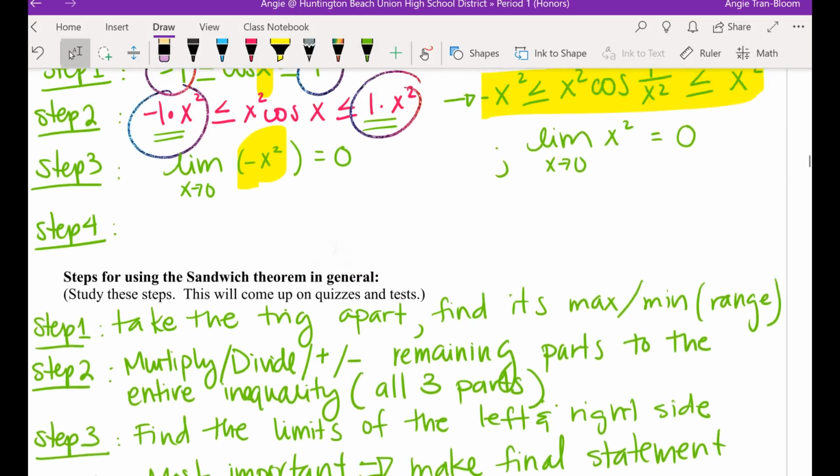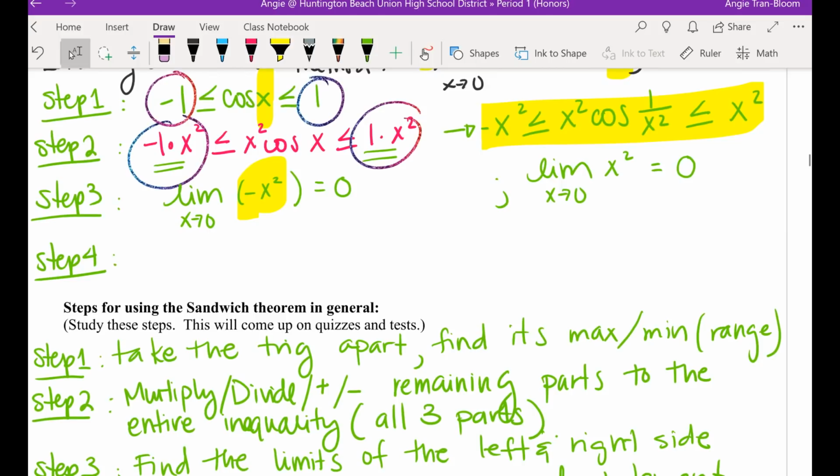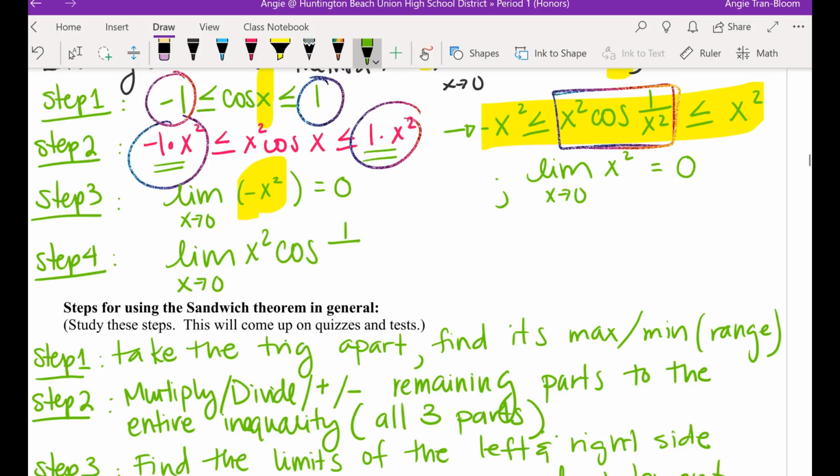Based on your sandwich theorem, if the right side has a limit of 0, the left side has a limit of 0, then obviously the middle function, which is this guy, should have the same limit. So the limit as x approaches 0 of x squared times cosine of 1 over x squared must also be 0. This is the most important step because this tells me what your final answer is. Now, all 4 steps will be required, but the final step is where your answer is going to be.